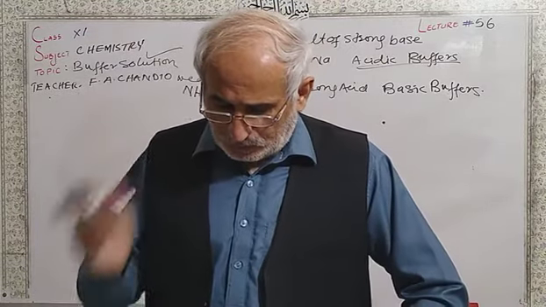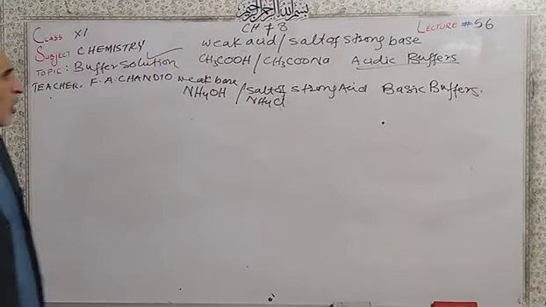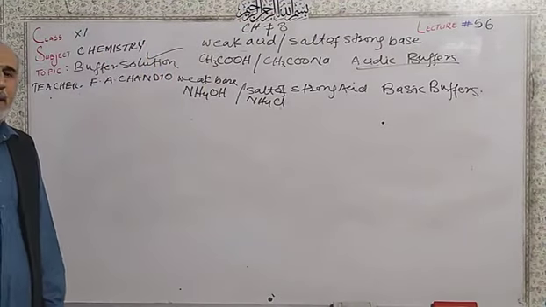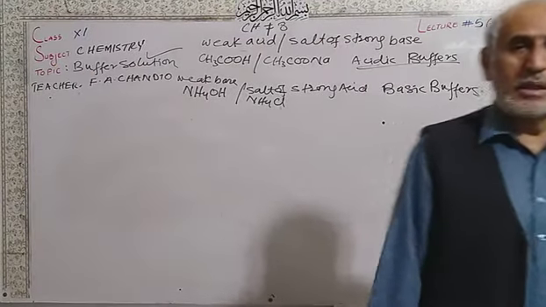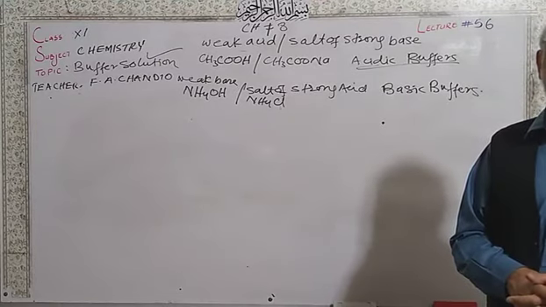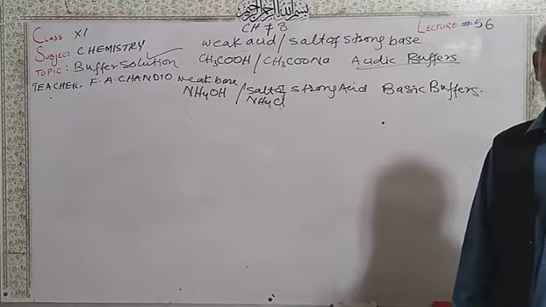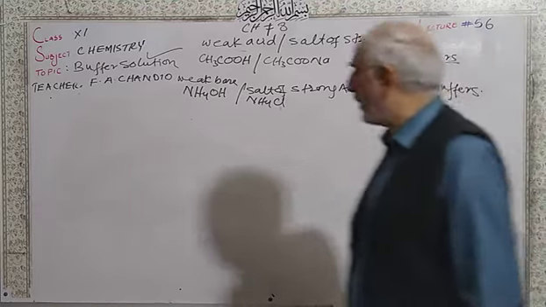There is one thing: in the definition I told you, when a small amount of acid or base is added to the buffer, the pH of the buffer is not going to change, or only a very slight change takes place. The buffer remains a buffer.